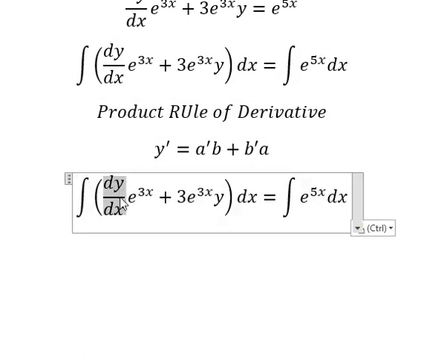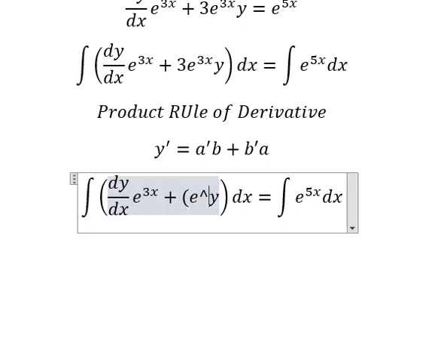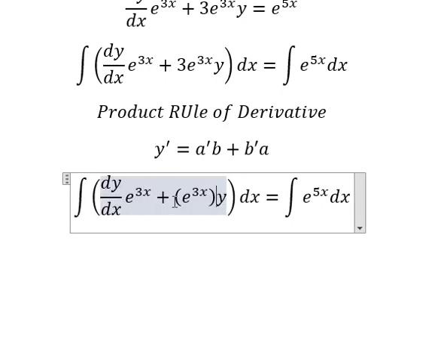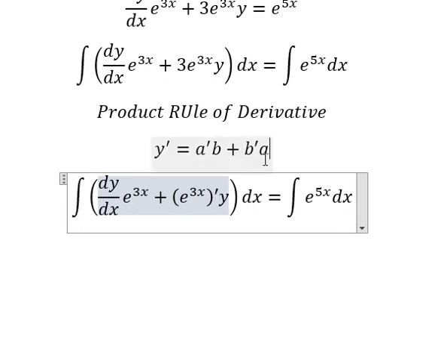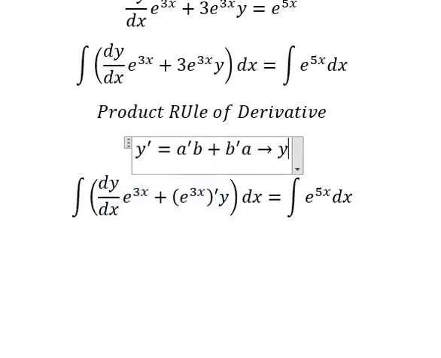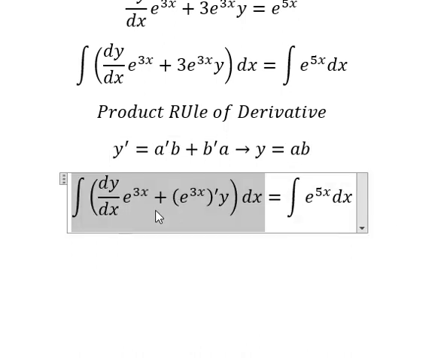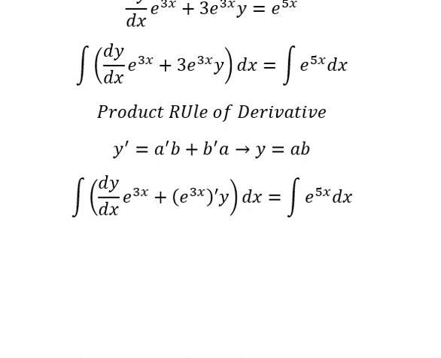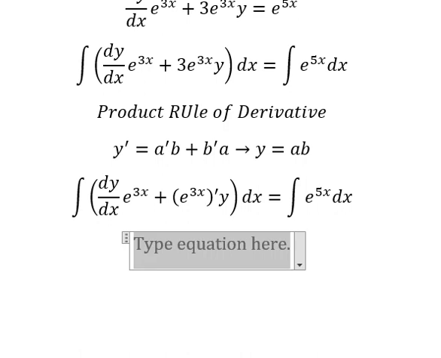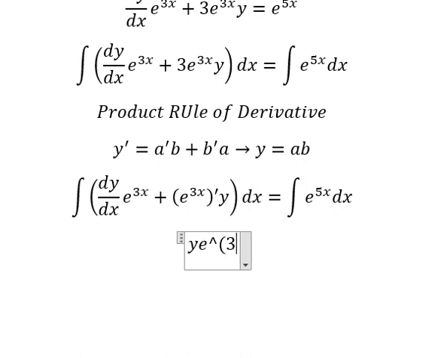So we have the first derivative of a multiplied by b, and this one is the first derivative of b multiplied by a. The integration of this gives y equals ab. So the integration of that gives y e to the power of 3x. This one we have like this.